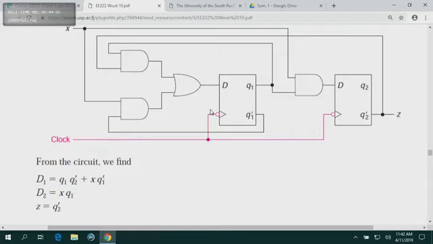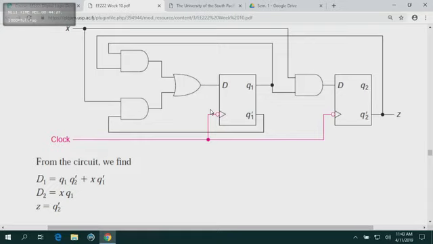The first step we do is to write down those equations. D1 is equal to Q1 and Q2 bar or X and Q1 bar. D2 is equal to X and Q1.